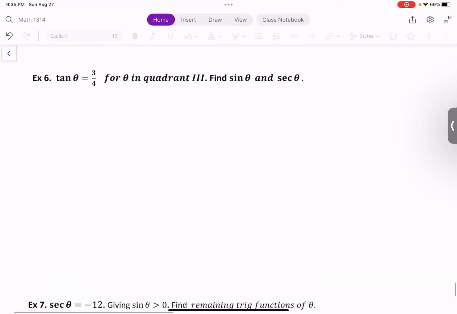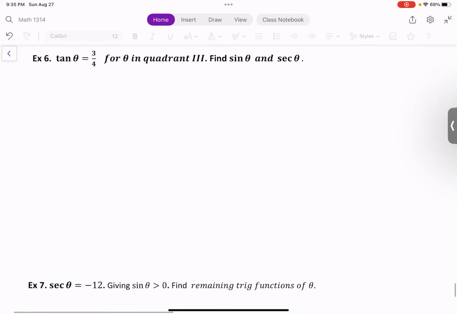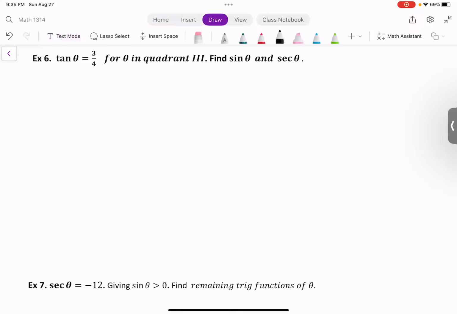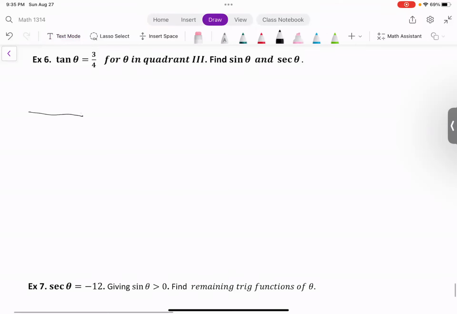Okay, so number 6. If I'm using the second method we mentioned in the previous example, to solve sine theta and secant theta, let's find the angle in my quadrant 1, 2, 3, 4. So theta is in quadrant 3.